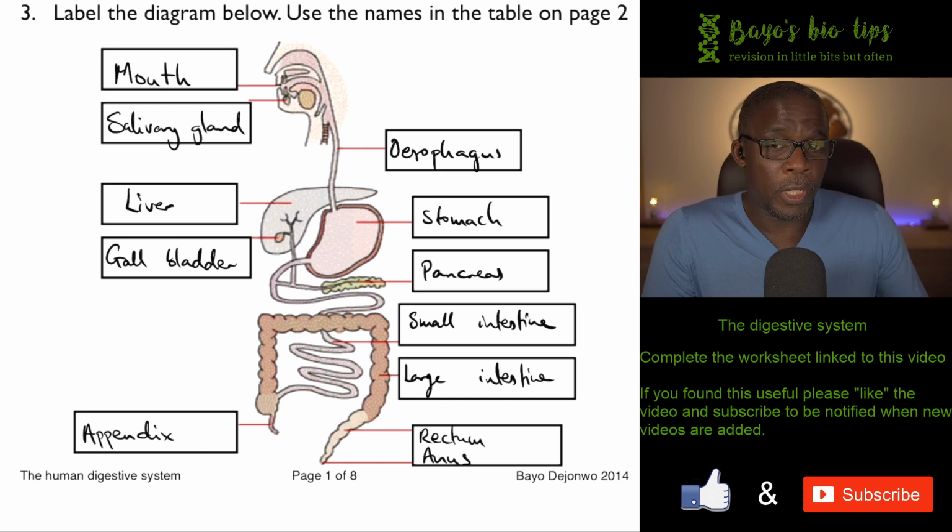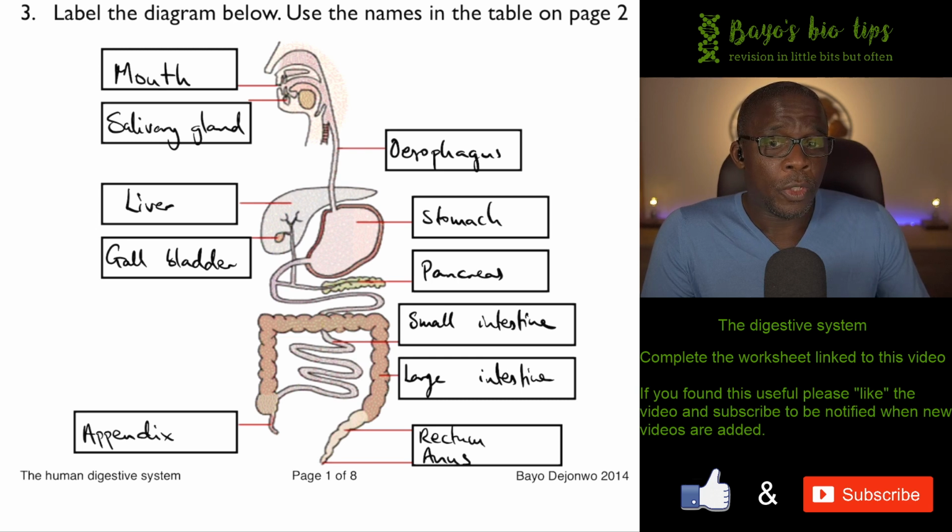Then you have the liver, which has a whole range of different functions. With regard to the digestive process, its main function is the production of something called bile, which we'll talk about later. And the bile produced by the liver is then stored in a structure called the gallbladder.